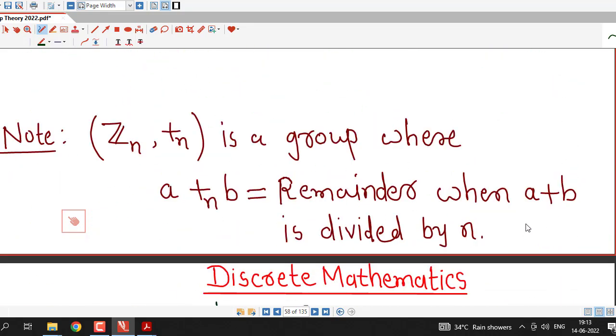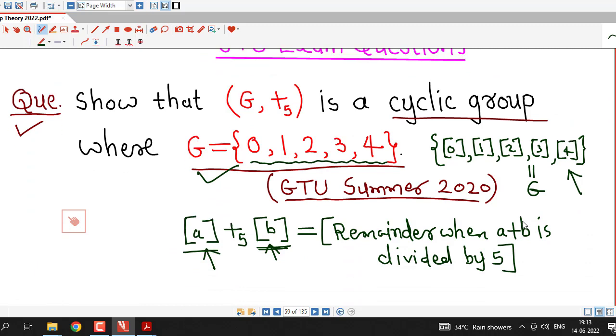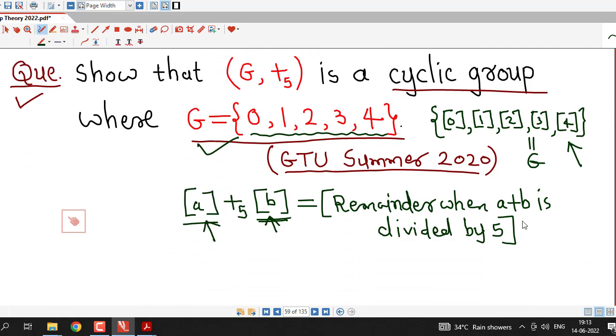Here our group is the set of equivalence classes. So we have to decide whether we can find some element out of this such that every element can be represented as a power of that fixed element.